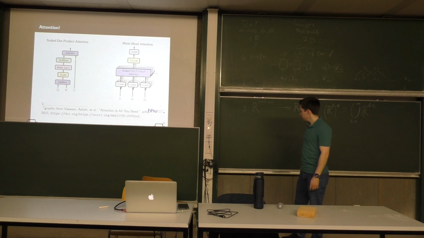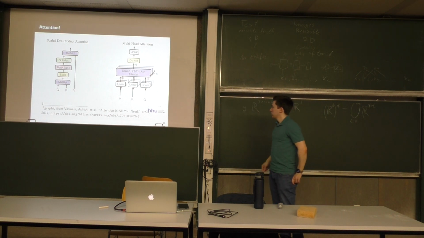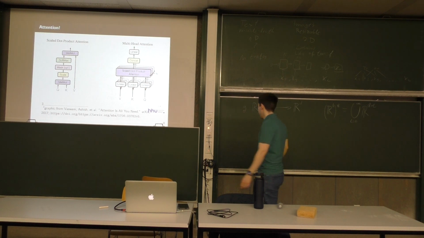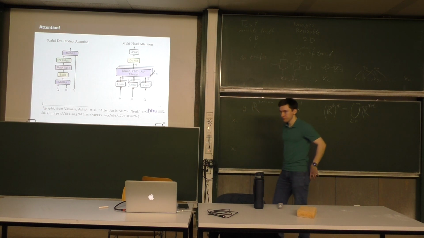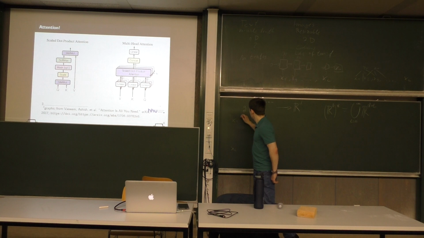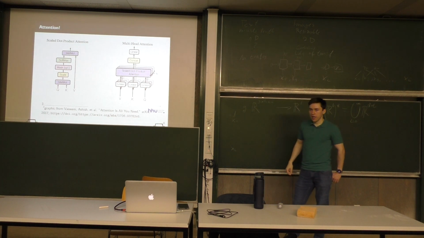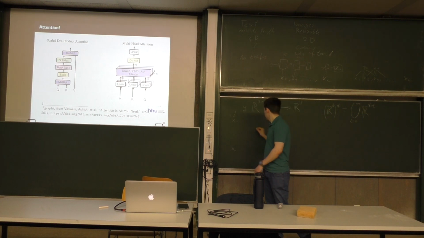Basically, it works like this. So you have your input sequence x1 to xL, and they're all d-dimensional. Then you compute values. They're called V1 to VL, and let's say they're d_qkv dimensional.